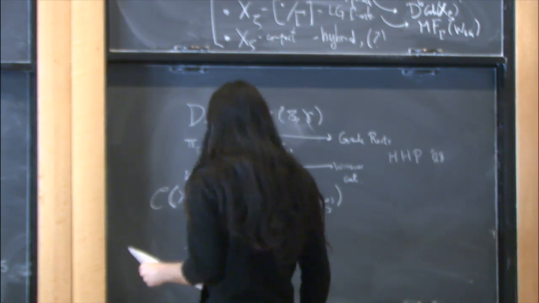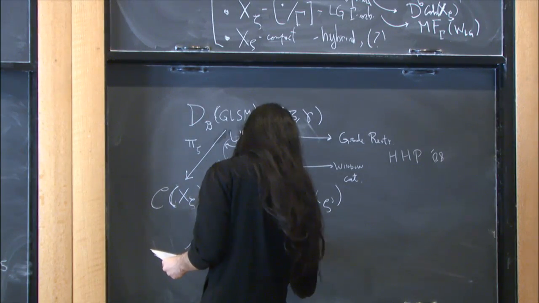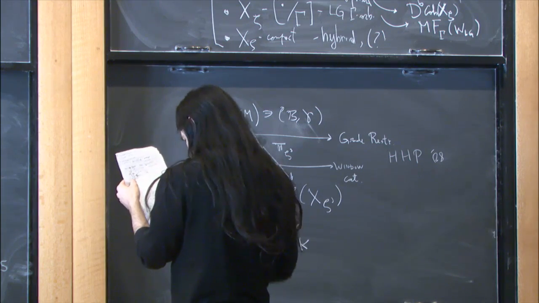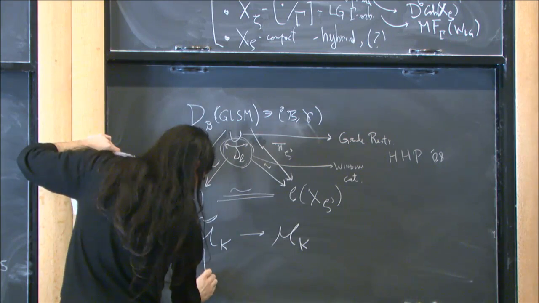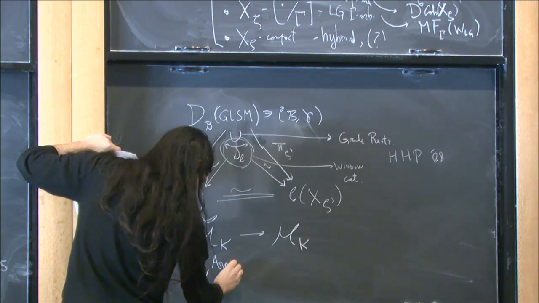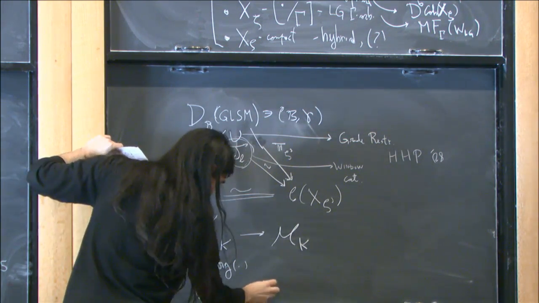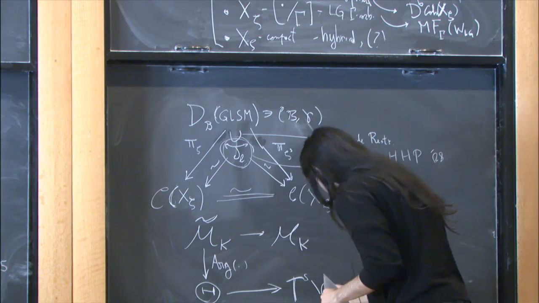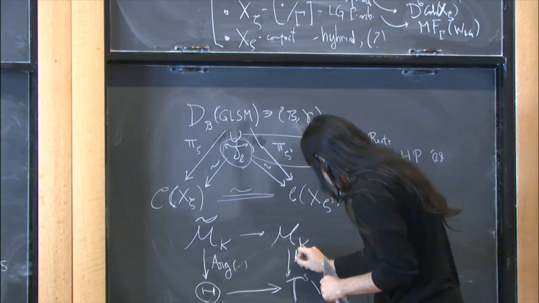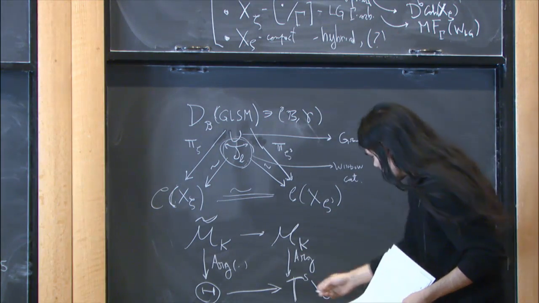The picture to have in mind for these window categories is this: you take the universal cover of the moduli space M_K, and you take the argument map. So you get some space theta, which is like some torus minus some set, that is the image of the discriminant delta under the argument.